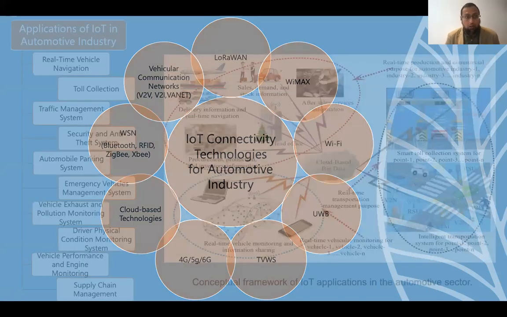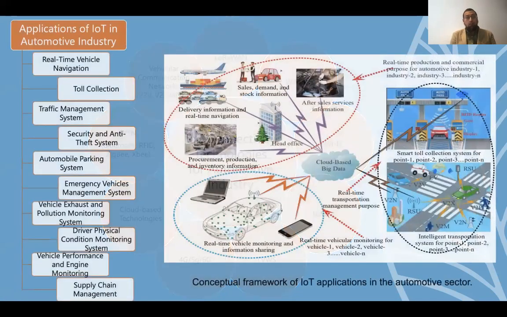And then we can have a look at lots of applications of IoT in the automotive industry, where IoT is exploited for real-time vehicle navigation, toll collection, traffic management, security and anti-theft, automobile parking systems, emergency vehicle management systems, vehicle exhaust and pollution monitoring systems, driver physical condition monitoring systems, and vehicle performance and engineering monitoring.